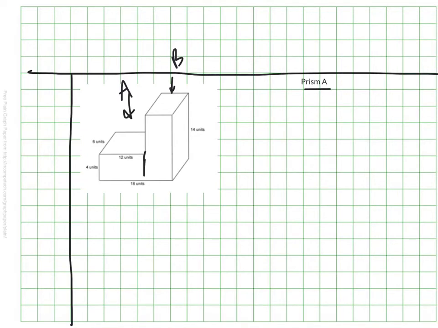So this is a rectangular prism, so I need to find the area of the base. And I'm actually just going to shade this in because I know the top and bottom are the same. So this is the top, but I'm going to use it as the base as well. So I need to find the area of that base first and then multiply it by the height.